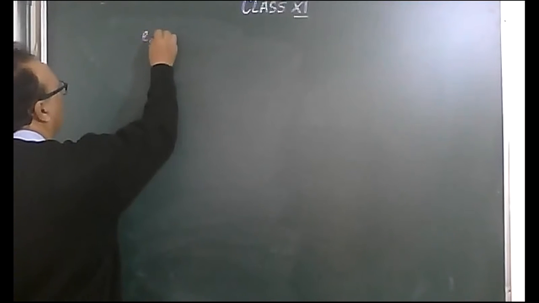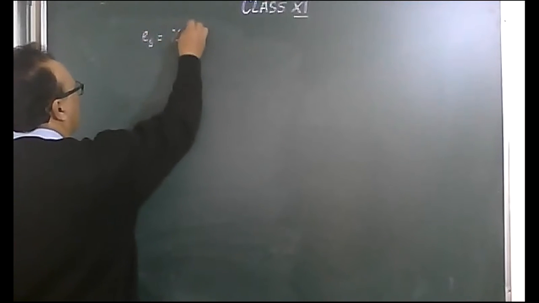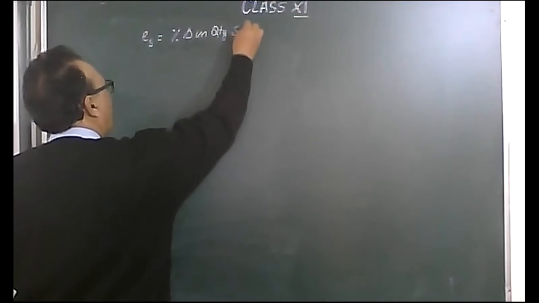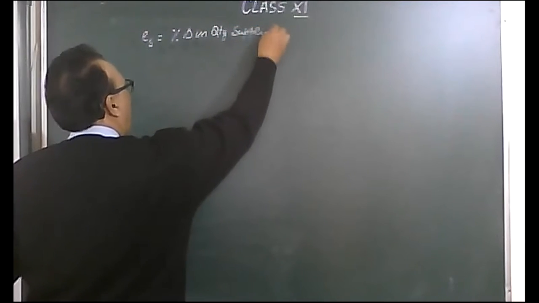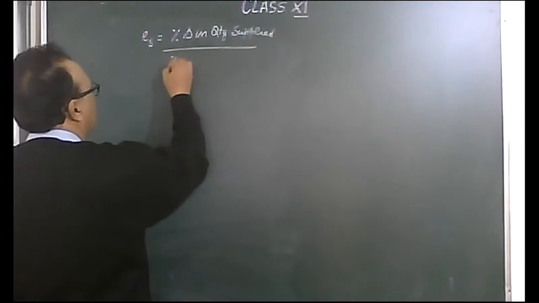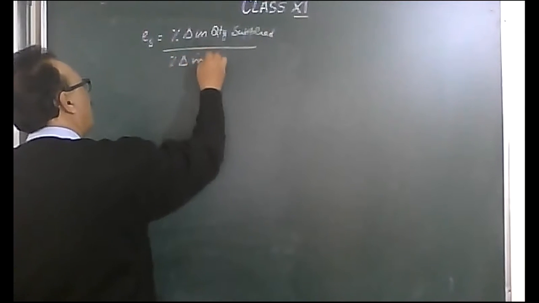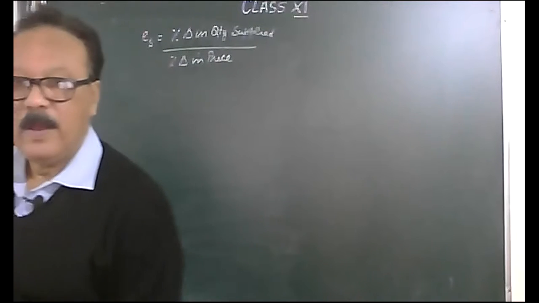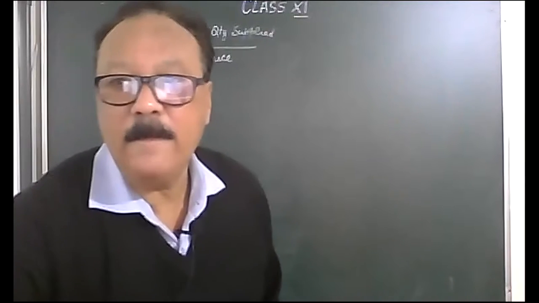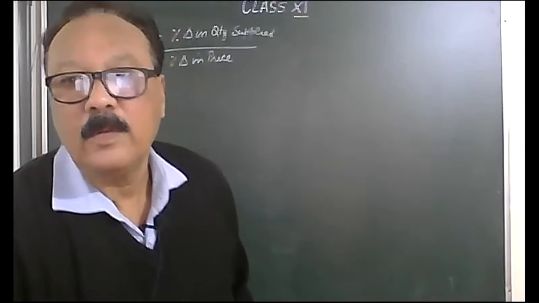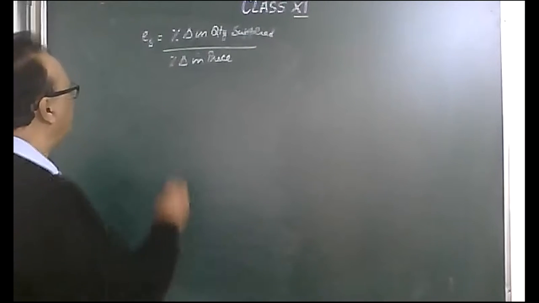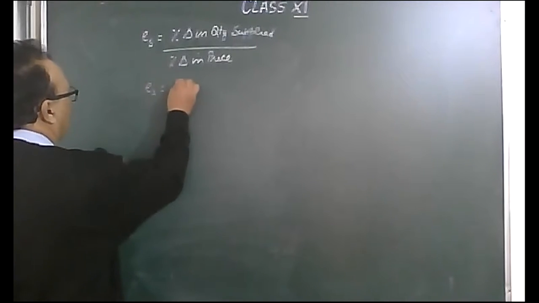Both are given in percentage, so we use the percentage formula. Percentage change in quantity supply upon percentage change in price. We will use this. Then percentage change in quantity supply is given 30%.